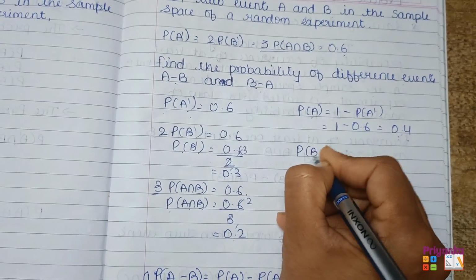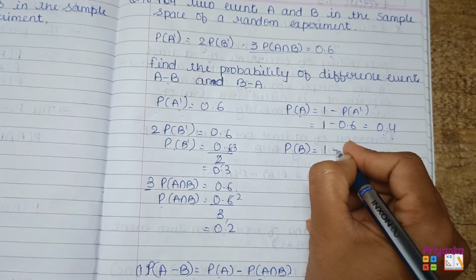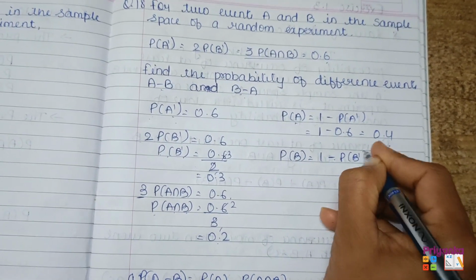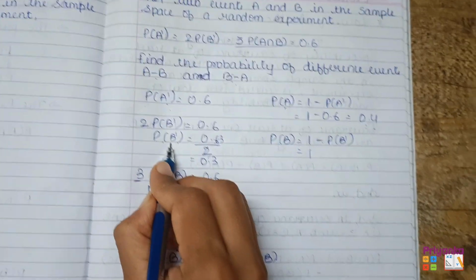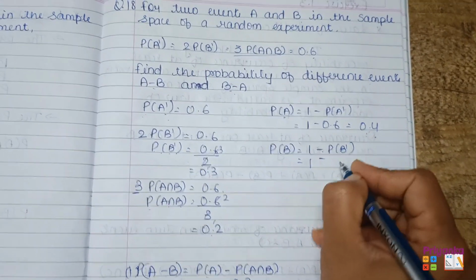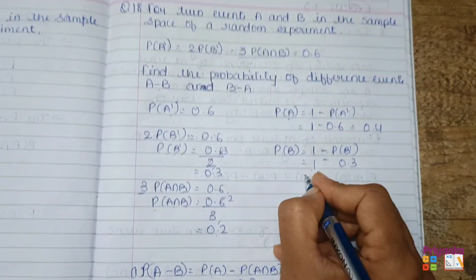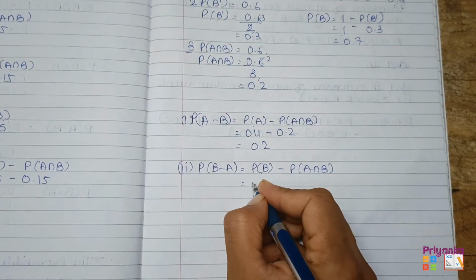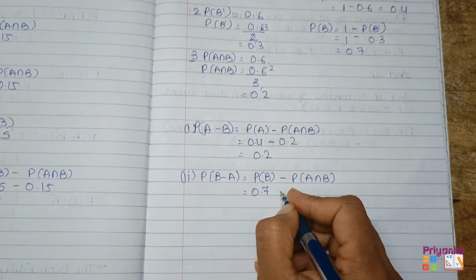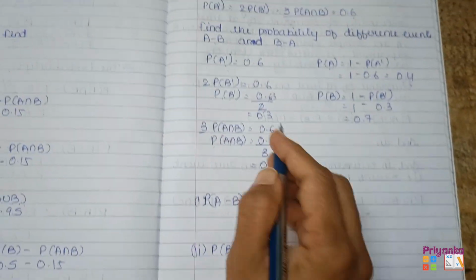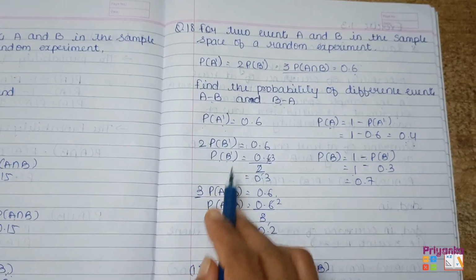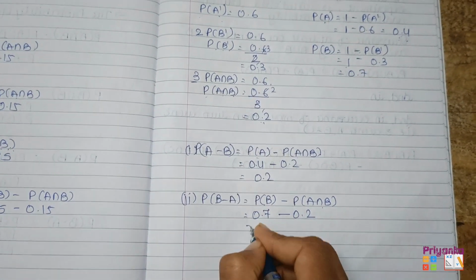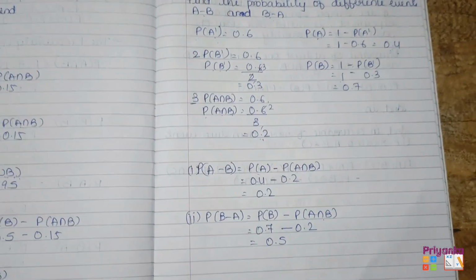So let's find P of B, where the formula will be the same. It will come like this, just here you write B complementary, which we got in the solution. Here we get P of B complementary is 0.3. If we subtract, you will get 0.7. Just keep this value into the formula, that is 0.7 minus A intersect B, which is 0.2. Here we get the answer 0.5.